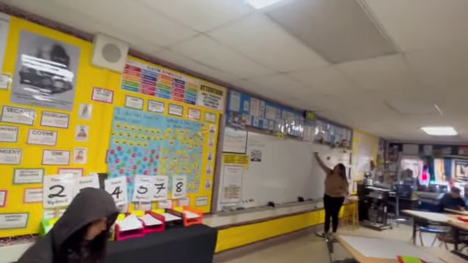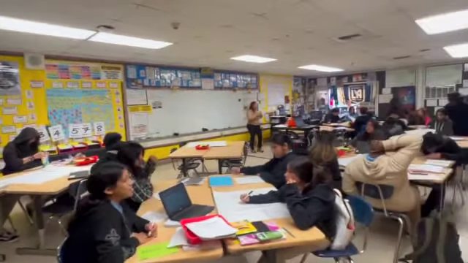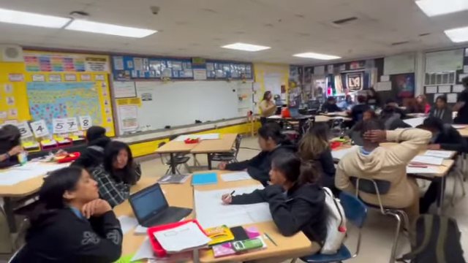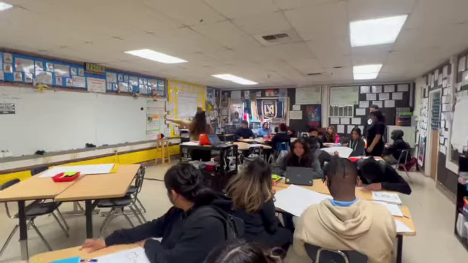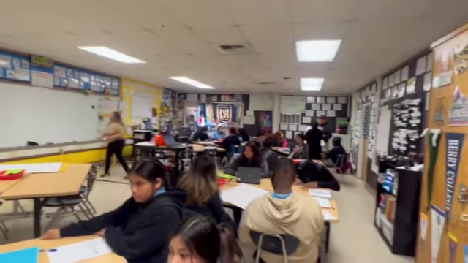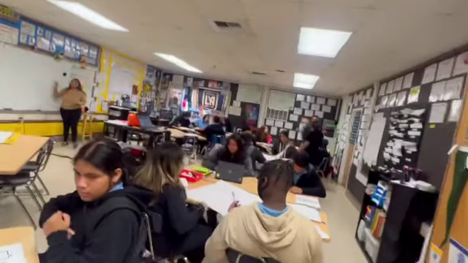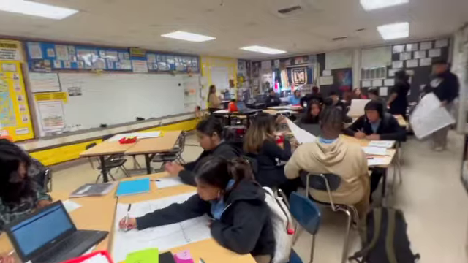If your degree is 2, 4, 6, 8, put it on the side. If your degree is 3, just put it on the side. You don't have to write it on your paper. If you have degree 2, 4, 6, 8, it's going to be on this side.